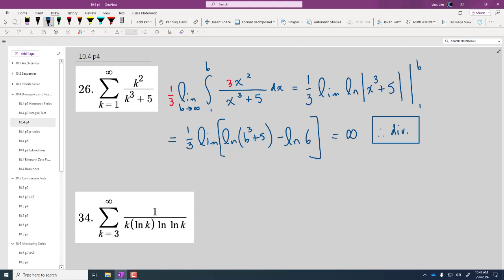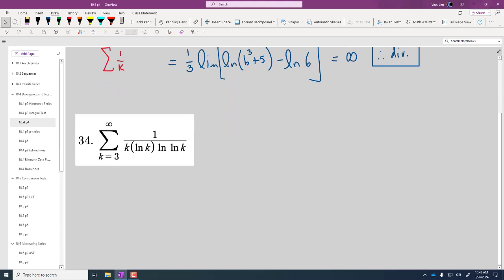If we imagine just erasing the 5, doesn't this behave like 1 over k? So the nature of this summand is 1 over k. That's really what it's acting like, and we know that 1 over k diverges. So yeah, it makes sense.